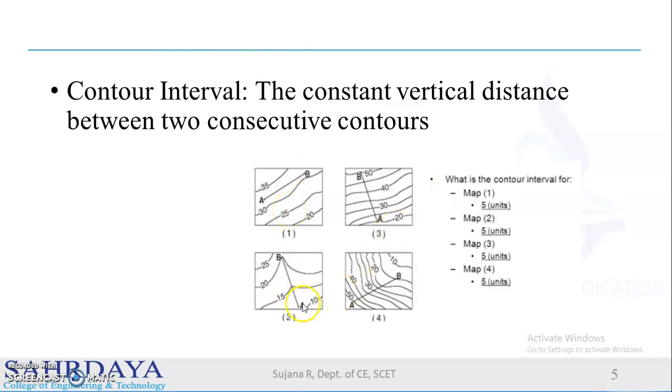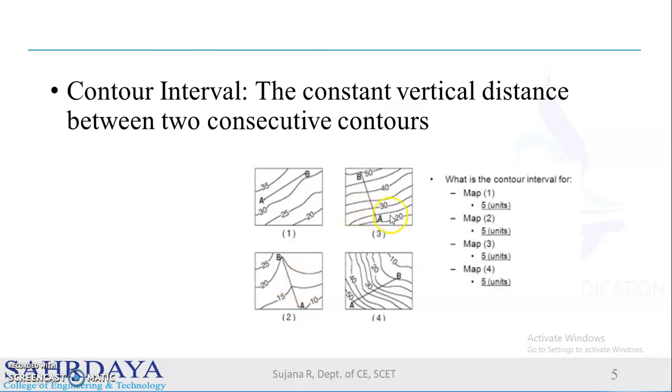In the second figure, it is 10, 15, 20, 25, so there also two consecutive contours are at an elevation difference of 5 units. There the contour interval or CI is 5 units.